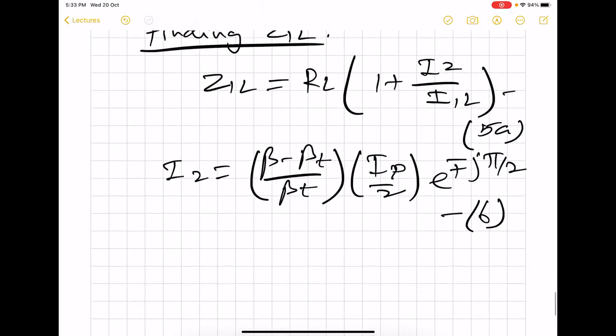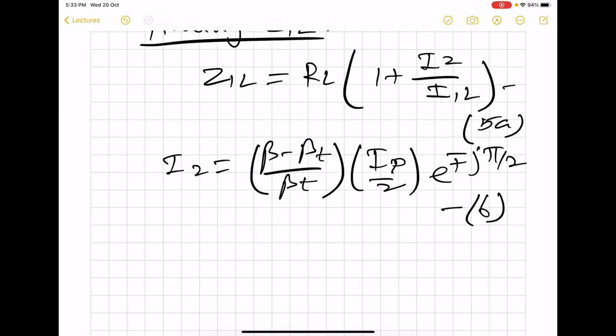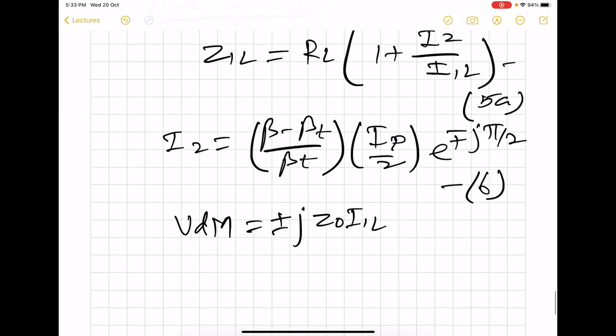Now we can also find out what is VDM, which is plus minus j Z0 I1L, and Z0 is RLB.